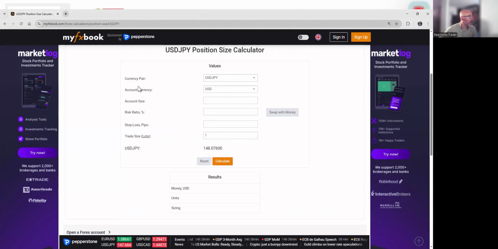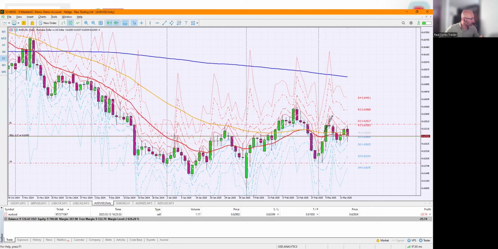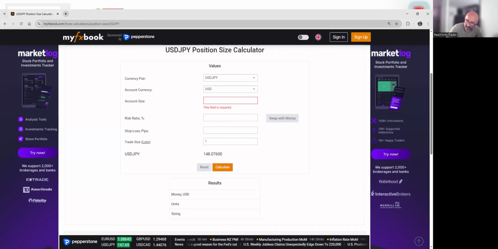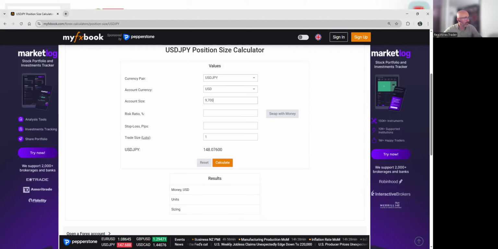So at my FX book in the position size calculator, when you set the amount, the real amount, where's the real amount? Remember, the real amount is this one here, the balance. So what is the balance in your account? Say that is $9,700. All right, so that is my balance, my current balance. And in this very trade, I'm going to risk 3%.